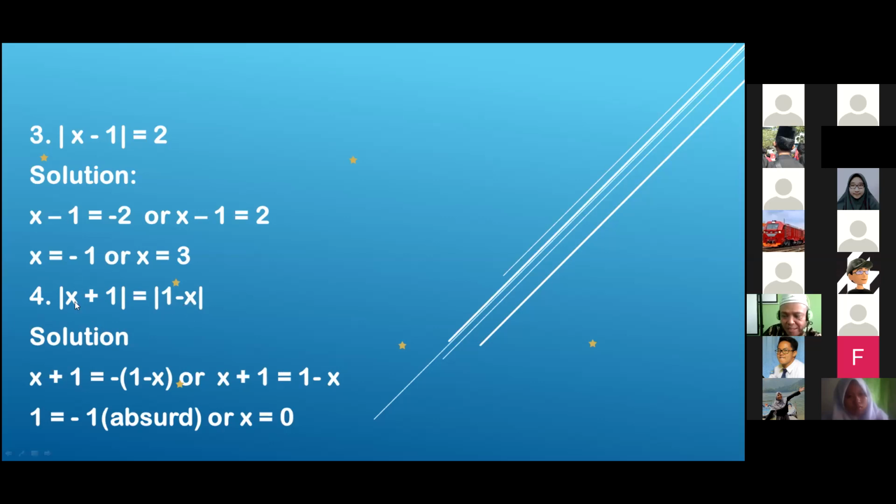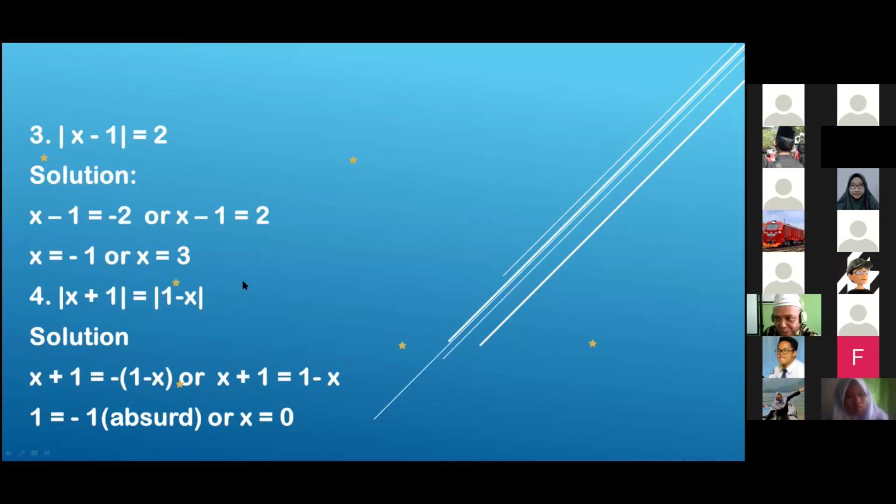So the left side and the right side are the same. So we have proved that this is the only solution to this question. The solution to the absolute value equation where the absolute value of x plus 1 equals the absolute value of 1 minus x is 0.